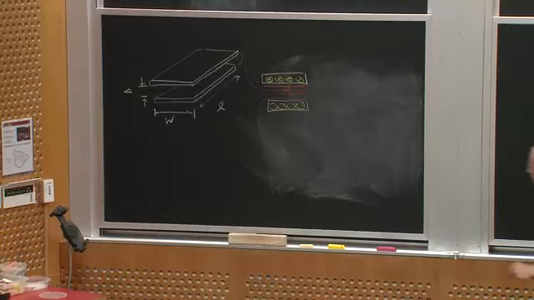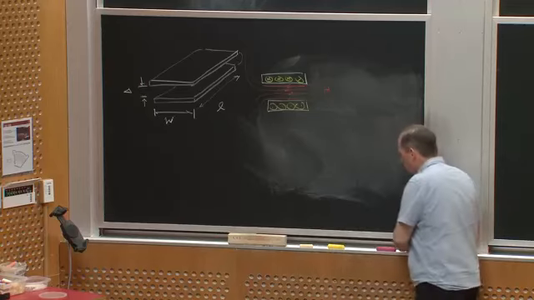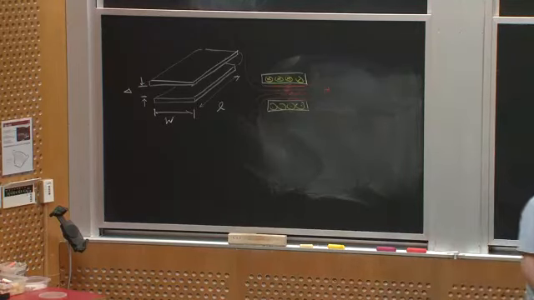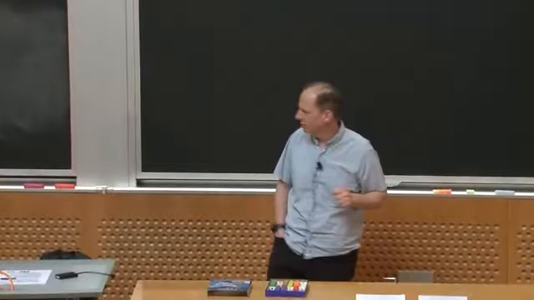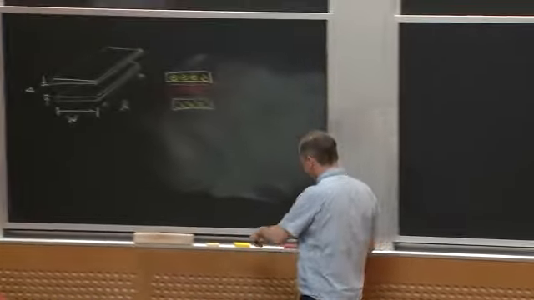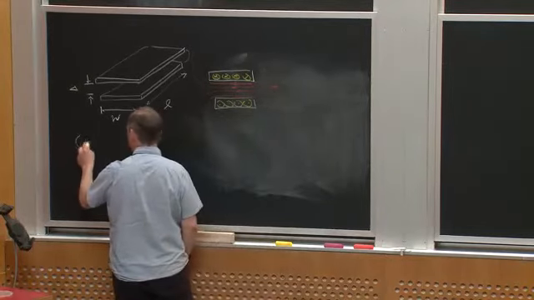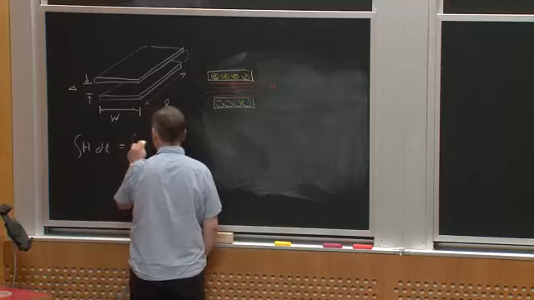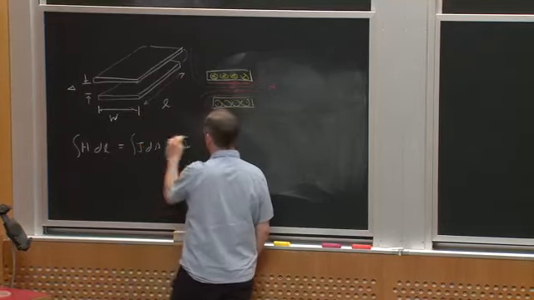So the question is, if these are the H fields, how might I analyze this thing? Let me do a very simple analysis, just to say what are the trade-offs in the interconnect. So we can say, okay, the integral of H dot dl is equal to the integral of J dot dA, which is just the net current, right?